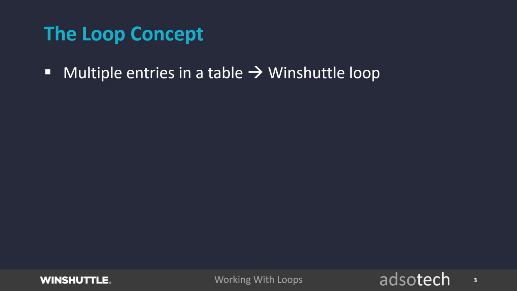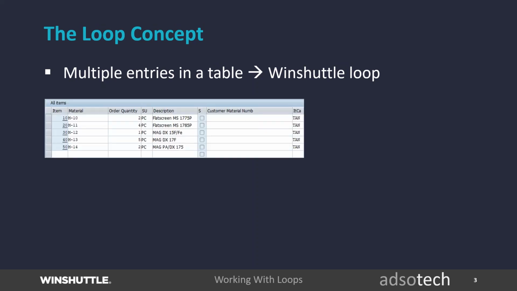The things you should be looking for when you are planning on automating a transaction or process with Winshuttle Studio: any screen in SAP that looks like this kind of table. That should be the first cue. A little alarm bell should go off to remind you that this is something that requires a little bit of special attention from a Winshuttle point of view.